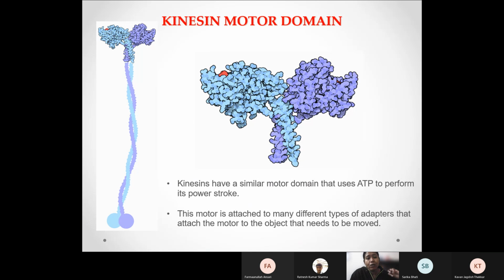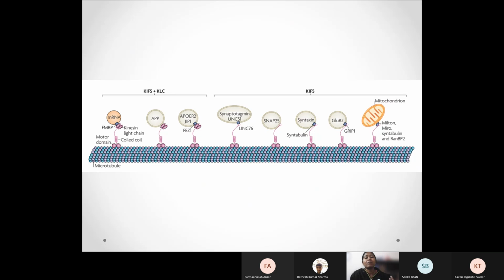Now, binding to cargo could be direct through this domain, or sometimes you could have some light chains attached here, and those could bind to the cargo, or you could have some adapter proteins binding here, and those could bind to the cargo. So there are multiple ways by which the kinesin molecule can bind to cargo.